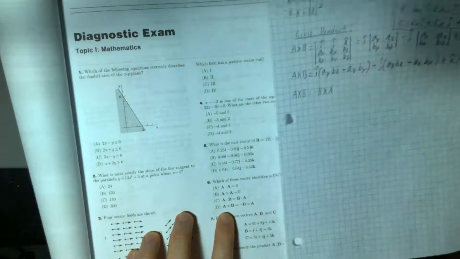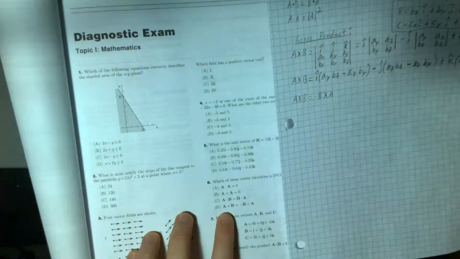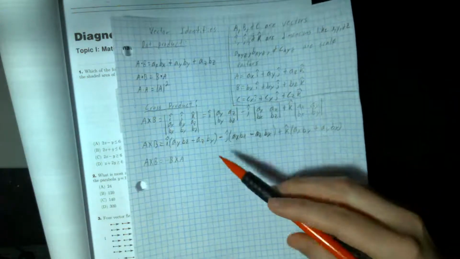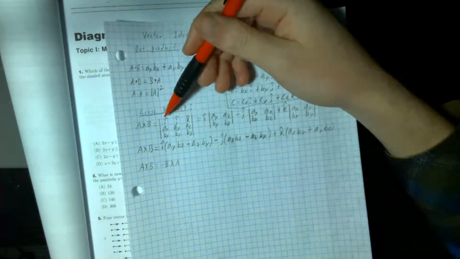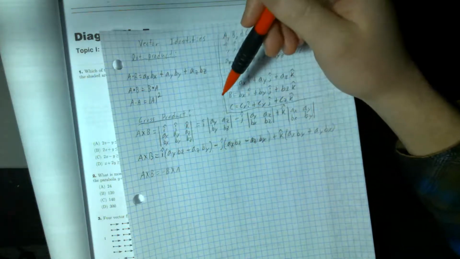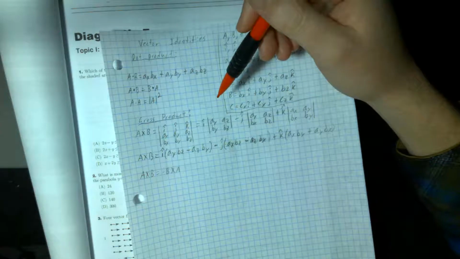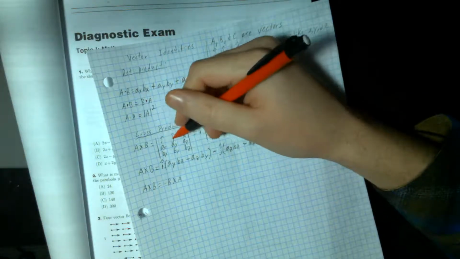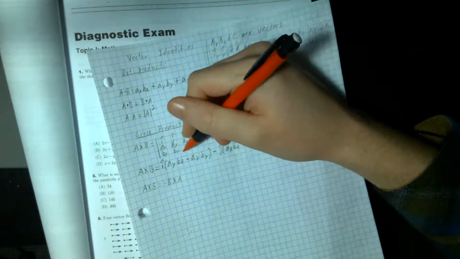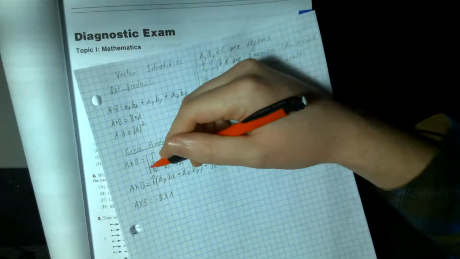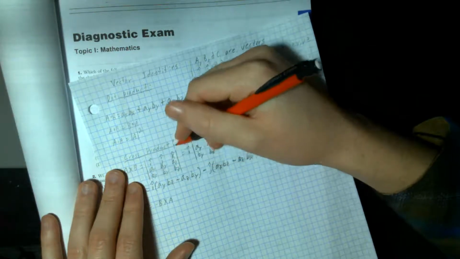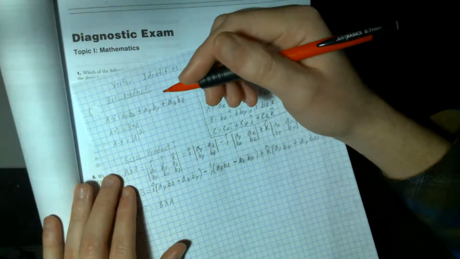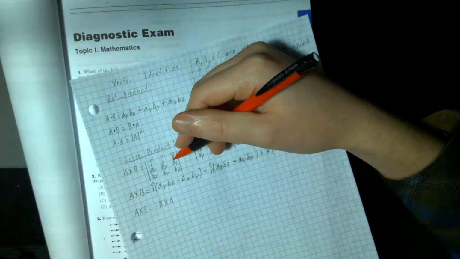D, cross product. Cross product's a little bit more complicated. You have to find the determinant of a matrix in order to get the solution. So this is a matrix, if you're familiar with what those are, and these bars here represent performing the determinant on that matrix.